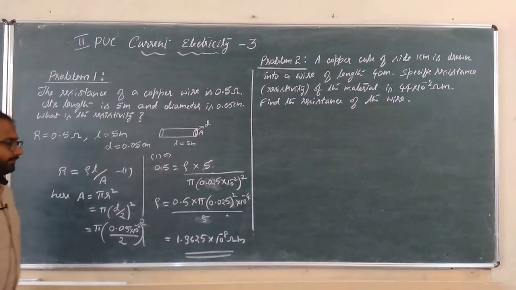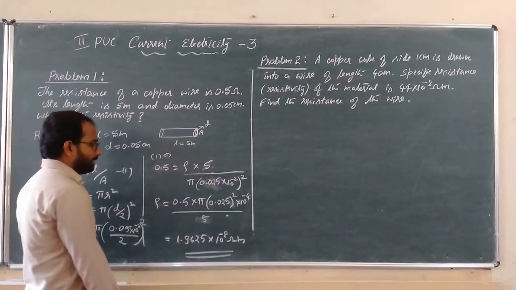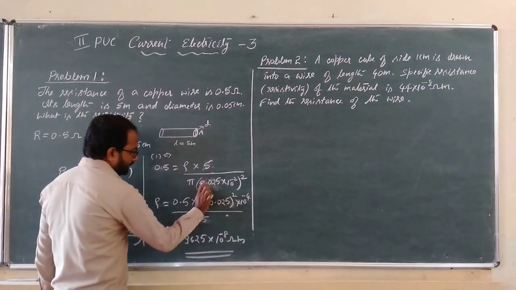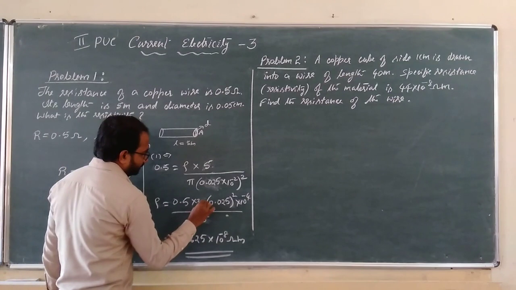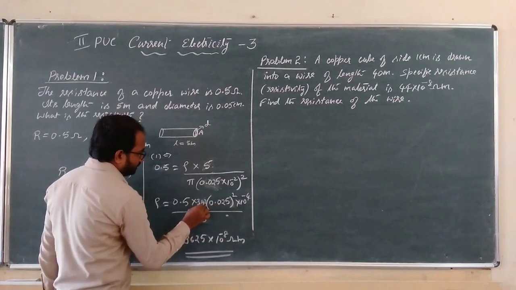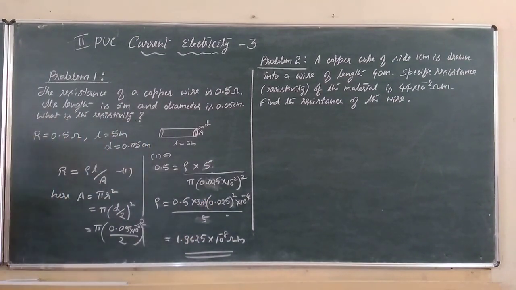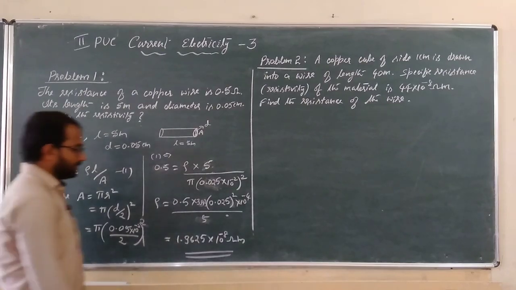Just to calculate, pi is 3.143, right? So you will get 1.9625 into 10 to the power of minus 8 ohm meter. That is the first problem.